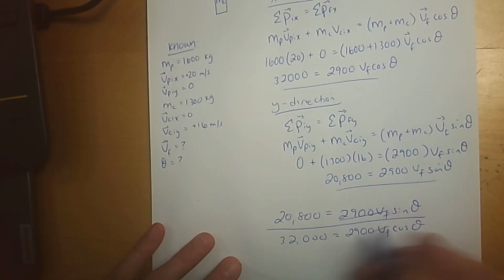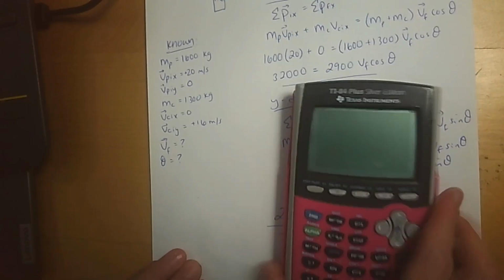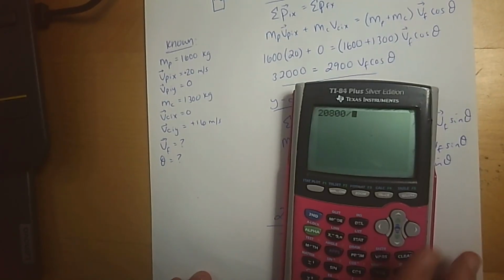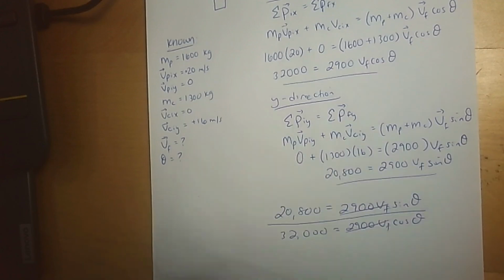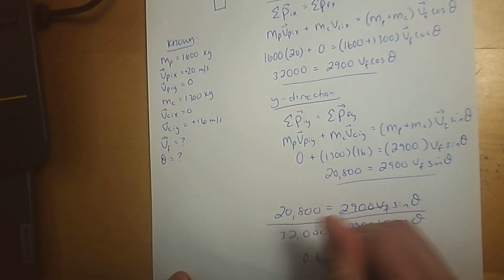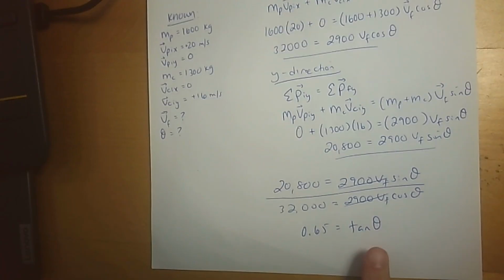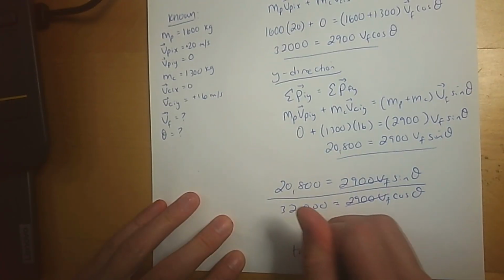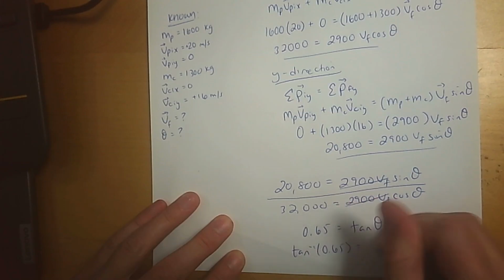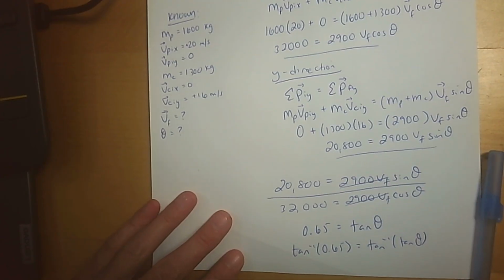So these cancel, and I get 20,800 divided by 32,000 is 0.65, which equals the tangent of theta. And so now all I need to do is take the inverse tangent of both sides to get theta alone.